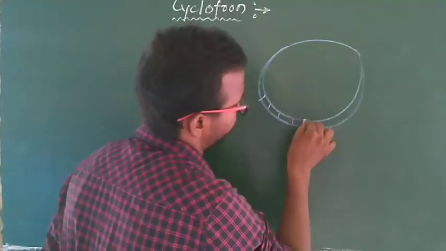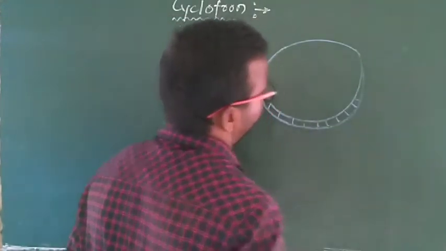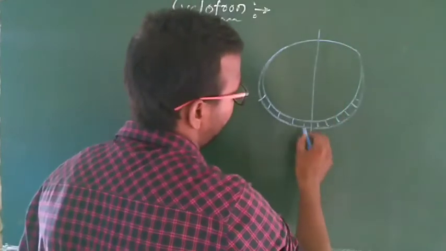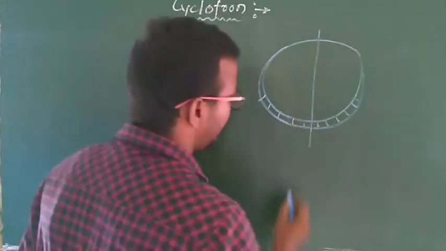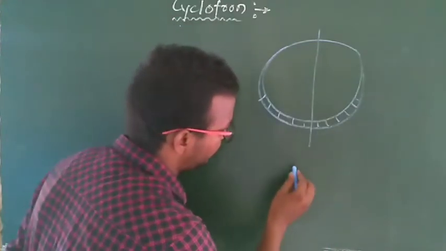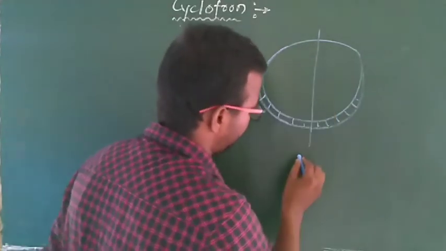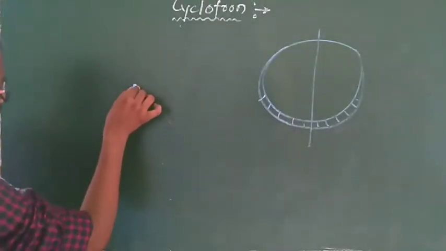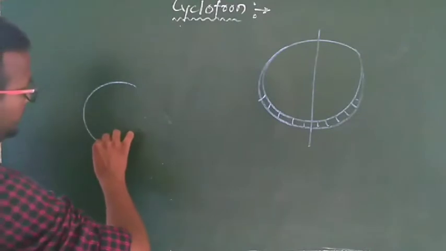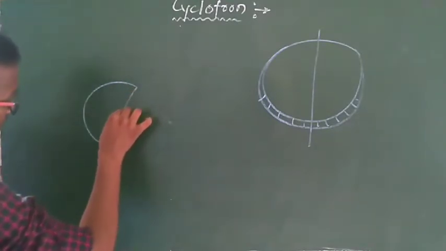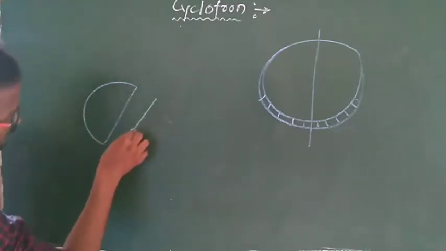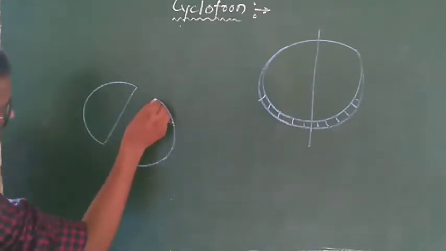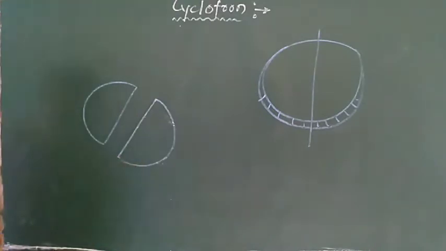If we cut this system from its middle part and separate it, then each piece of the system makes a D shape, like this is one shape and this is another part, two parts.